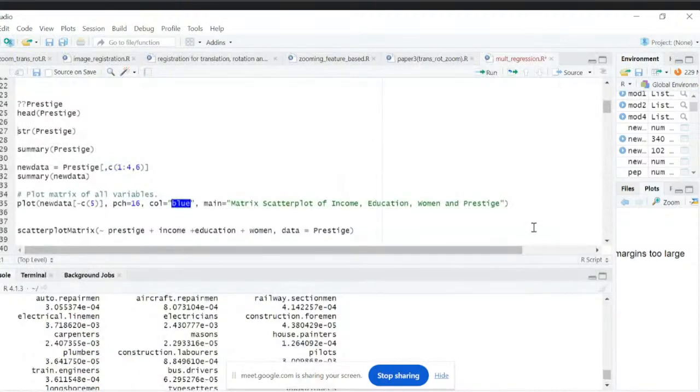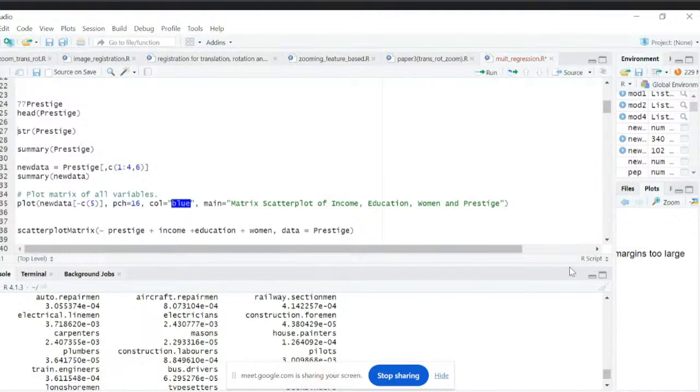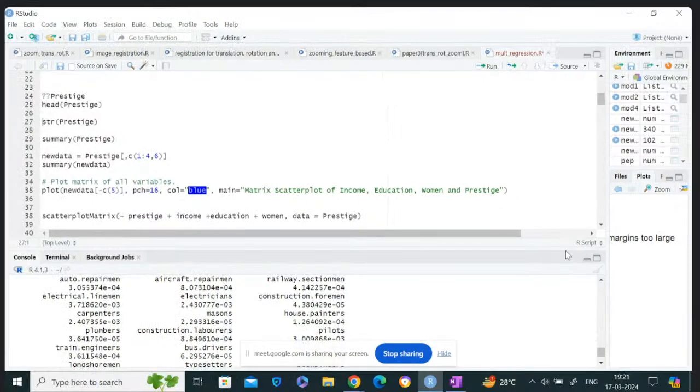So now, suppose in the field, whenever you are working in your company or something like that, you might previously know which is your predictor variable and which is your response variable. Response variable here is y and predictor is all the other variables, you might know. Then you will be using that model.